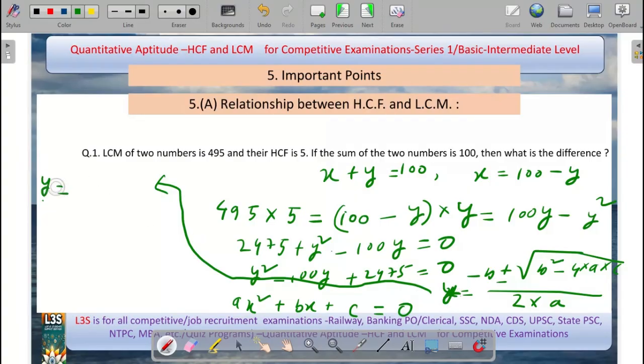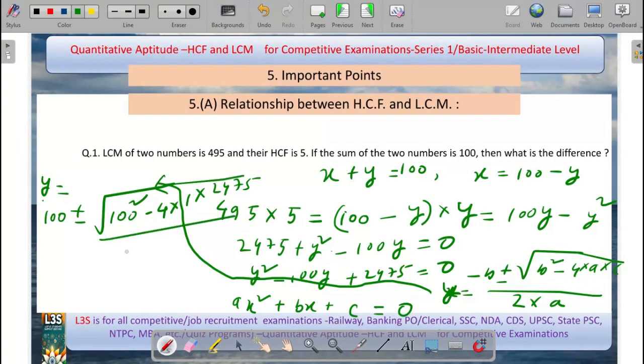So y equals minus b, and b here is minus 100, so minus b means 100. So 100 plus or minus root of 100 square minus 4 into a, where a is 1 here, and c is 2475, all by 2 into 1.